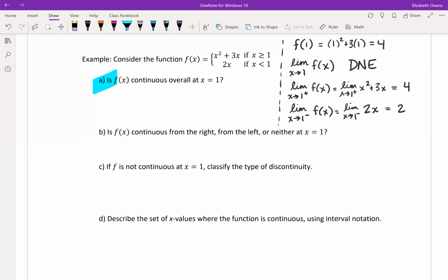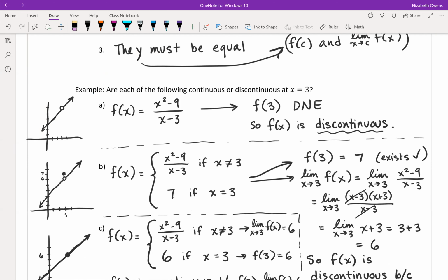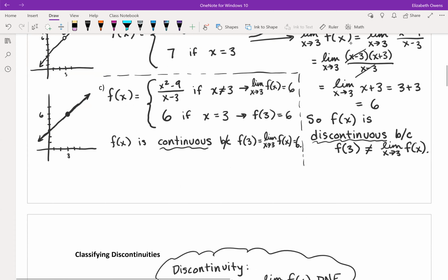No, it's not going to be, because our limit doesn't exist. And that was a key part of the definition of being continuous overall at that point. We needed to have the limit exist. So let's go down and put that conclusion.